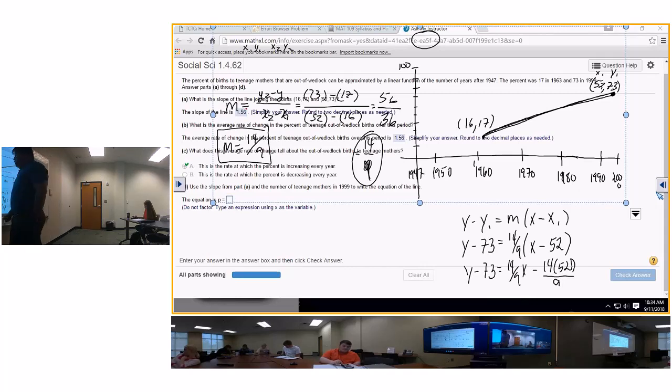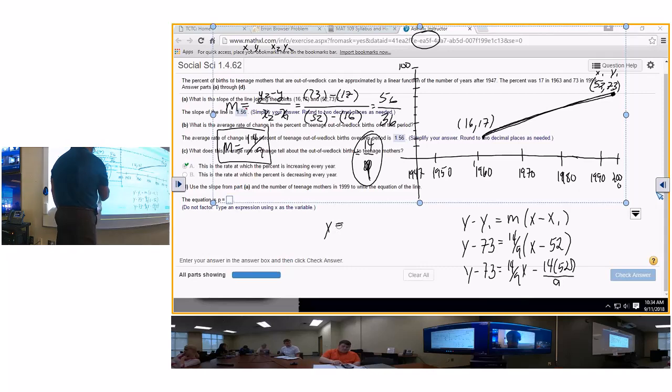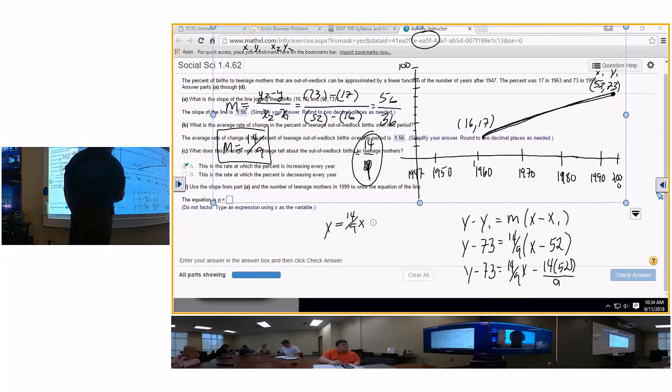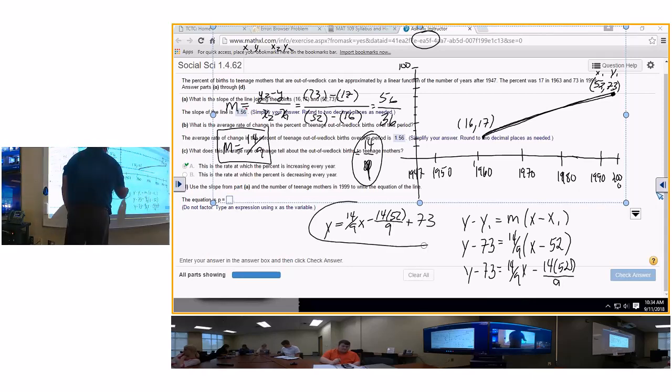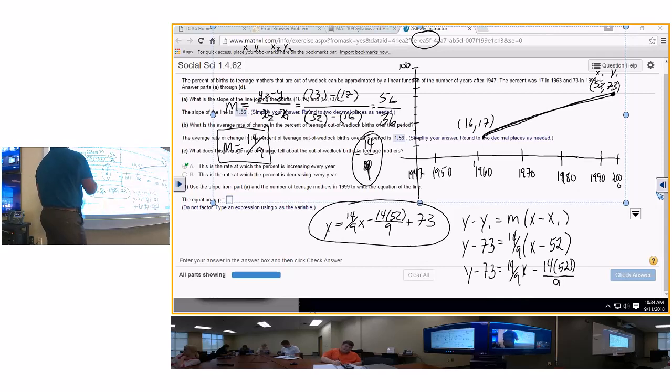So y is going to be equal to 14 ninths x minus 14 times 52 over 9 plus 73. So somebody tell me, 14 over 9 is 1.56. Y is equal to 1.56 x.